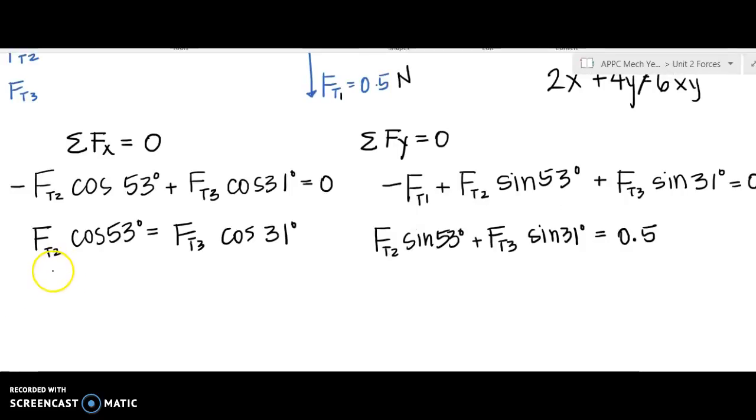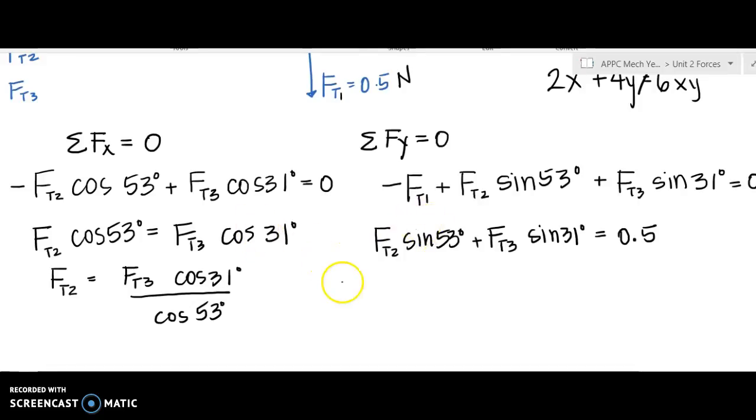There's no rhyme or reason. Just because it's on the left side, I'm going to say FT2 is FT3 cos 31 divided by the cosine of 53. So I can cancel the cosines, right? No. No! Silly kids. You're the one who brought it up.